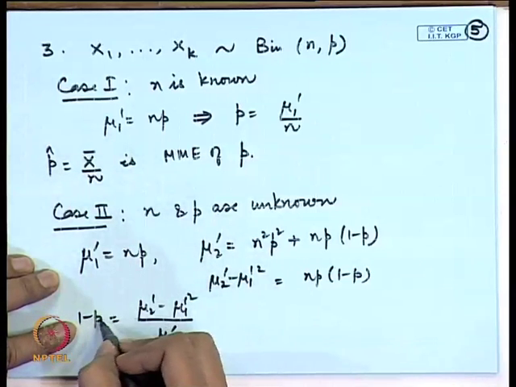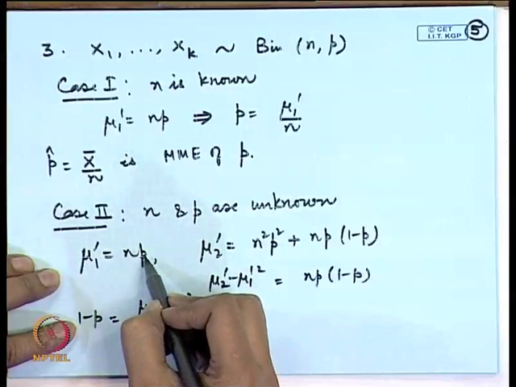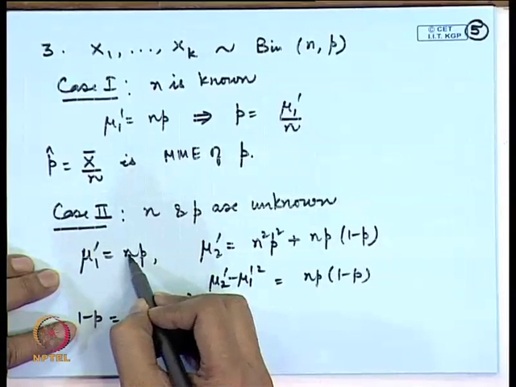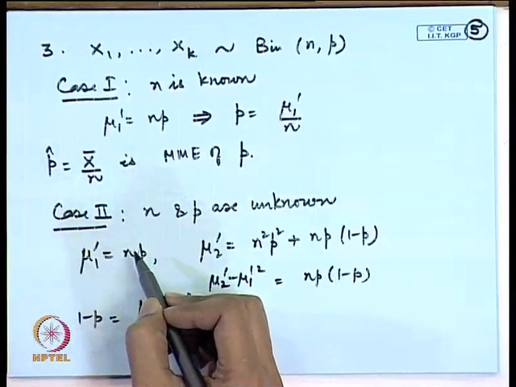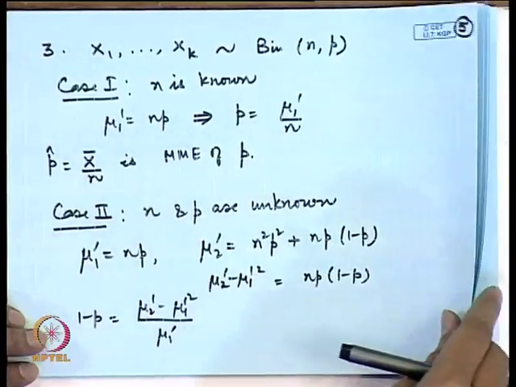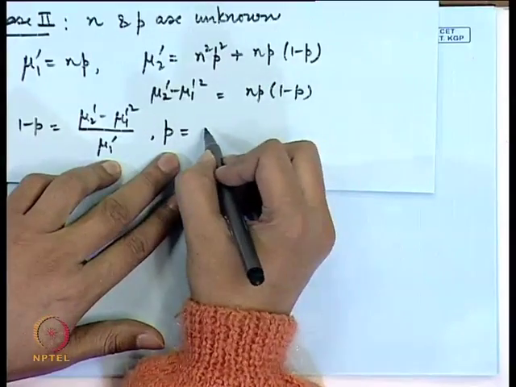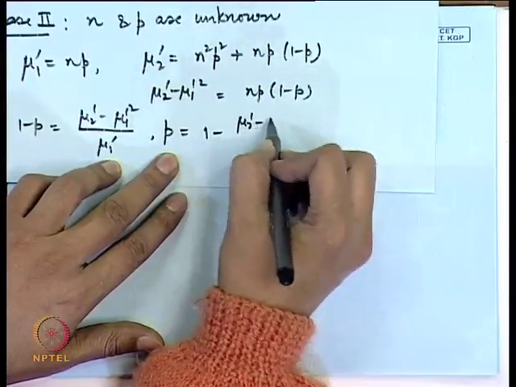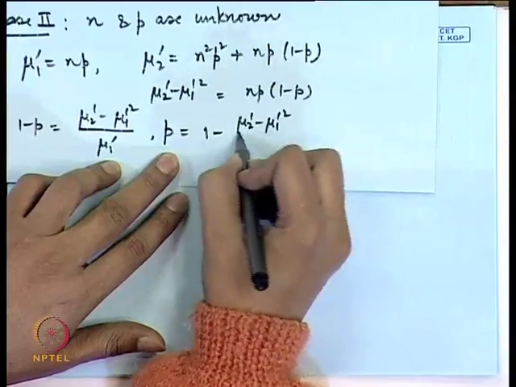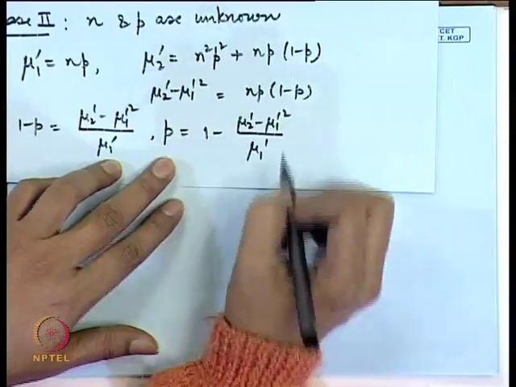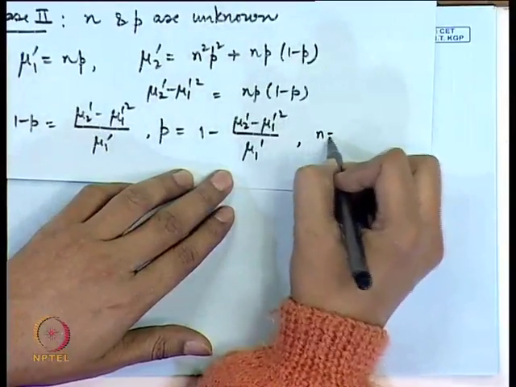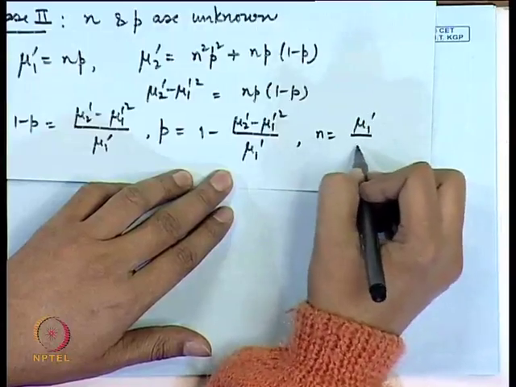So, the solution for p has come, and if I substitute that value of p here, I get the value of n. So, I get p is equal to 1 minus mu 2 prime minus mu 1 prime square divided by mu 1 prime, and n is equal to mu 1 prime by p.